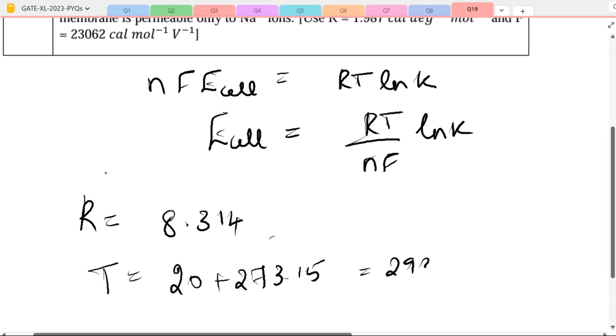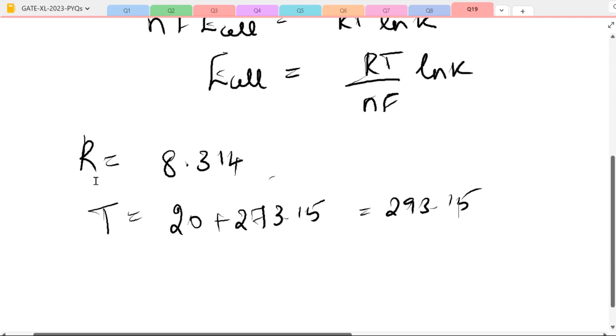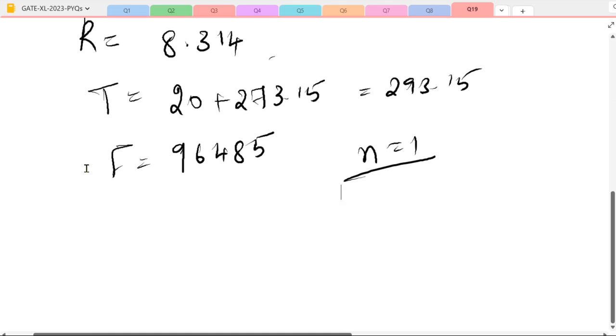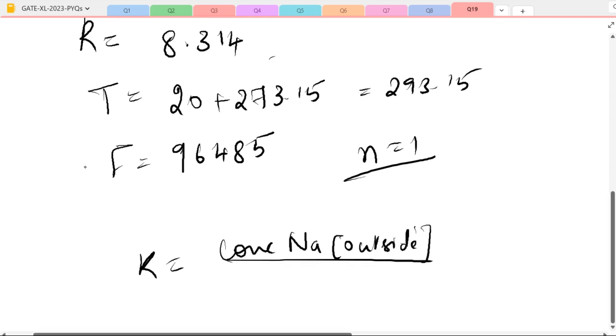So that will be 293.15, and Faraday's constant, I take it as 96,485, and here n is equal to 1 because it's sodium ion, so the charge is 1, and here K is equal to concentration of sodium ion in the extracellular space divided by concentration of sodium ion inside of the cell. Okay, so that will be equal to 10 by 1.